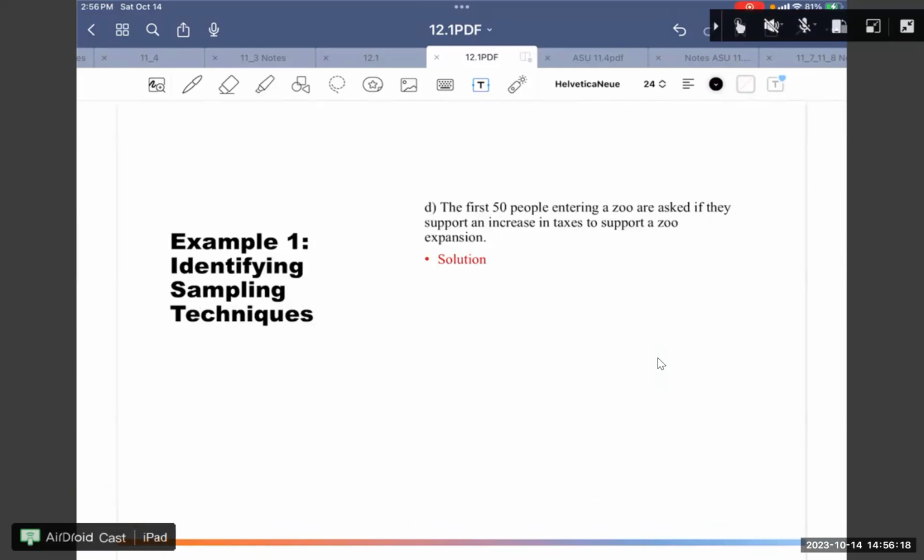So for D, the first 50 people entering the zoo are asked if they support a tax increase to help the zoo expand.